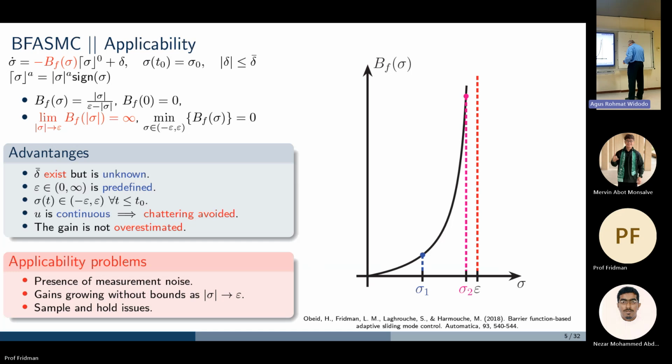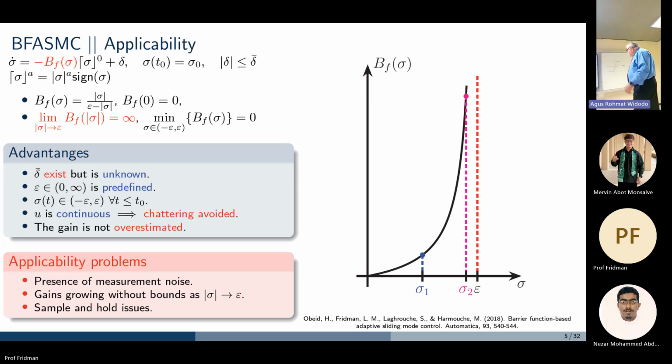They are making preparation. If you do it in this way, it is linear, and you will have all of the problems of high gain, because the barrier set is small, so the gain is big. And so this means still big chattering.